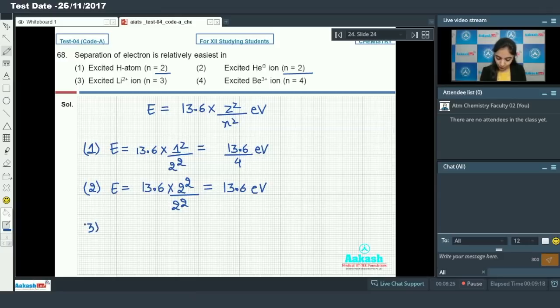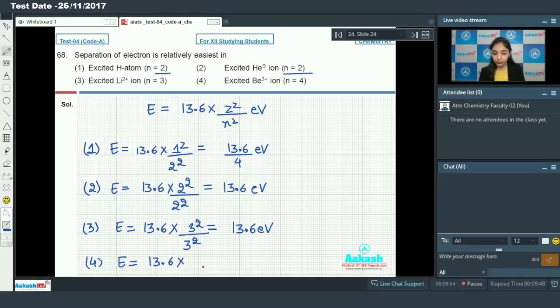Now come to the third option. In this case, we have lithium 2 plus ion and Z here is 3, and N we have been given is 3. That is equal to 13.6 electron volt. Now we have the fourth option, beryllium 3 plus ion.